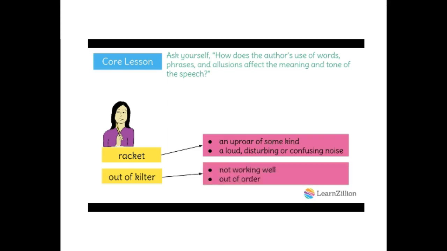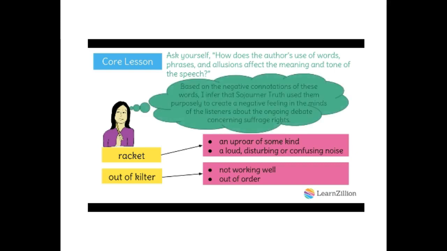To me, it means something's not working well, it's out of order. So, based on the negative connotations of these words, I infer that Sojourner Truth used them purposely to create a negative feeling in the minds of the listeners about the ongoing debate concerning suffrage rights.